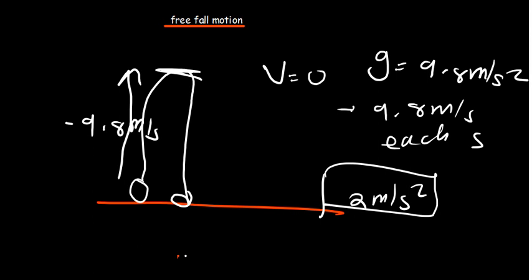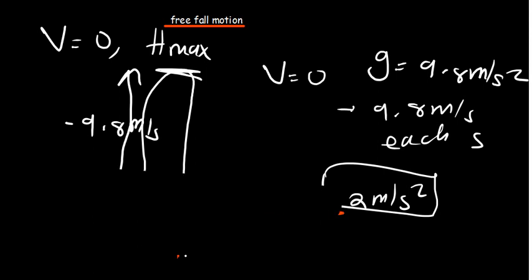Okay? So, let's review. If we reach the point where the velocity is equal to 0, we have reached the h max, the maximum height.